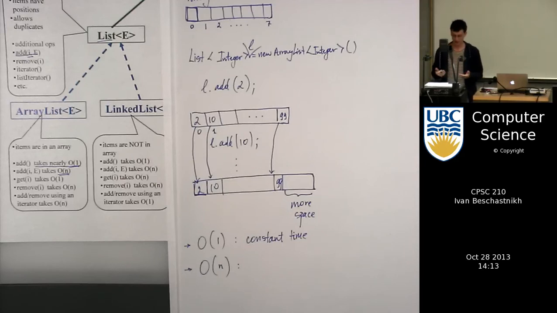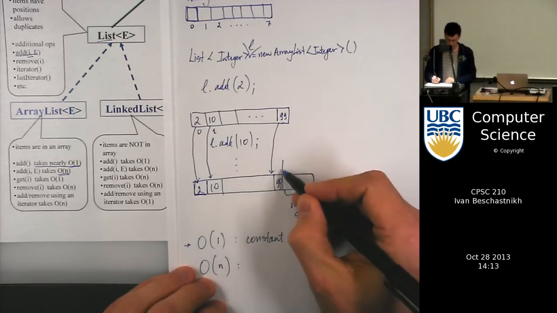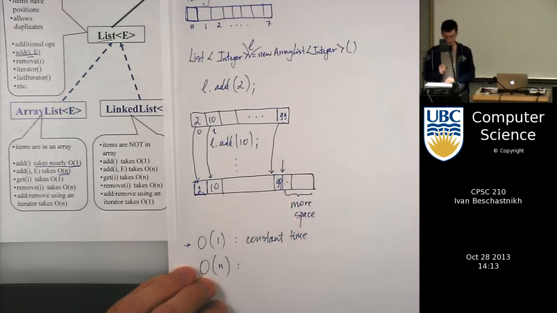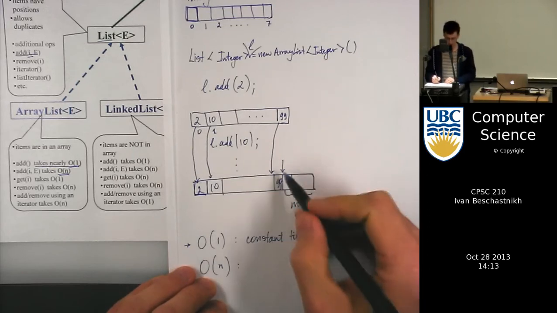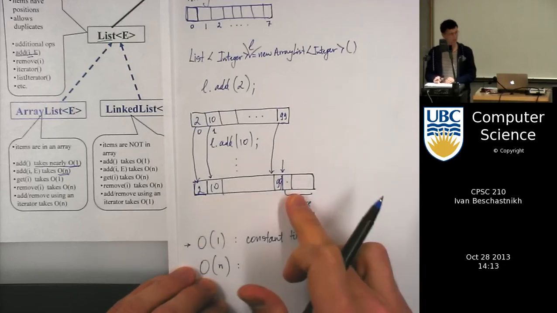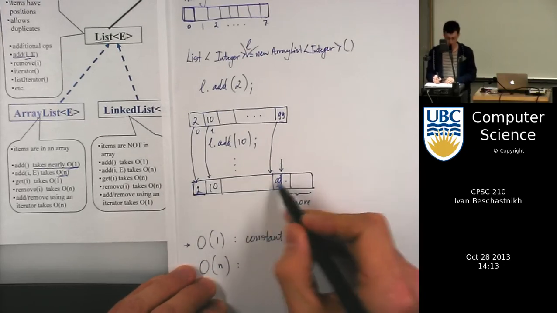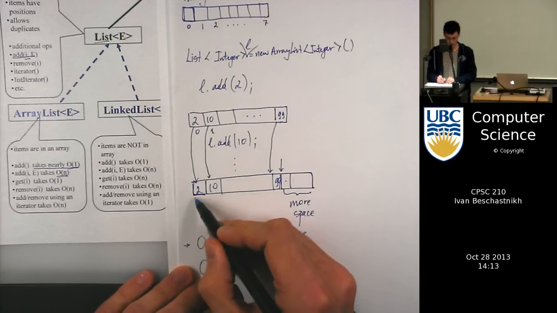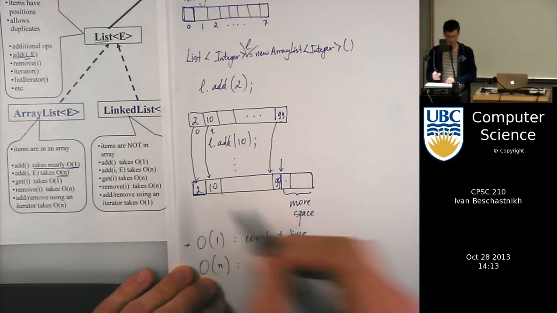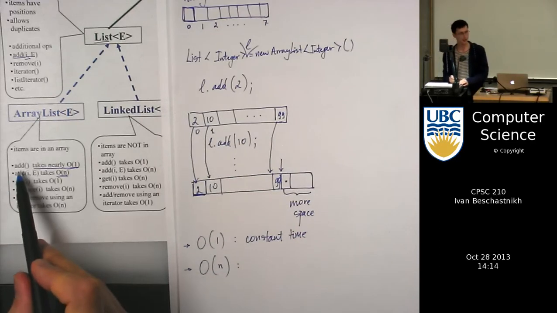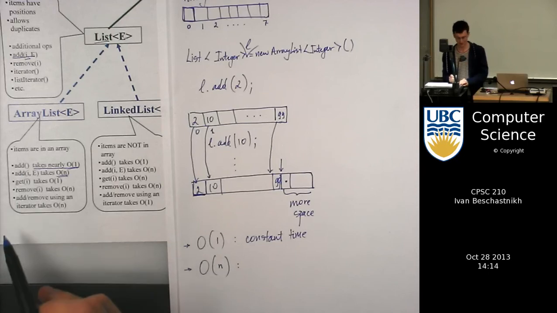And the reason it's fast is because I can compute exactly where the next cell is. So if this is my empty cell, then I know that it's exactly this many items across. So it's the number of cells that I have here times the length of every cell in bits, and then I get exactly the next cell where I need to write in my number. So if I want to add something to my list, it's going to be constant time.